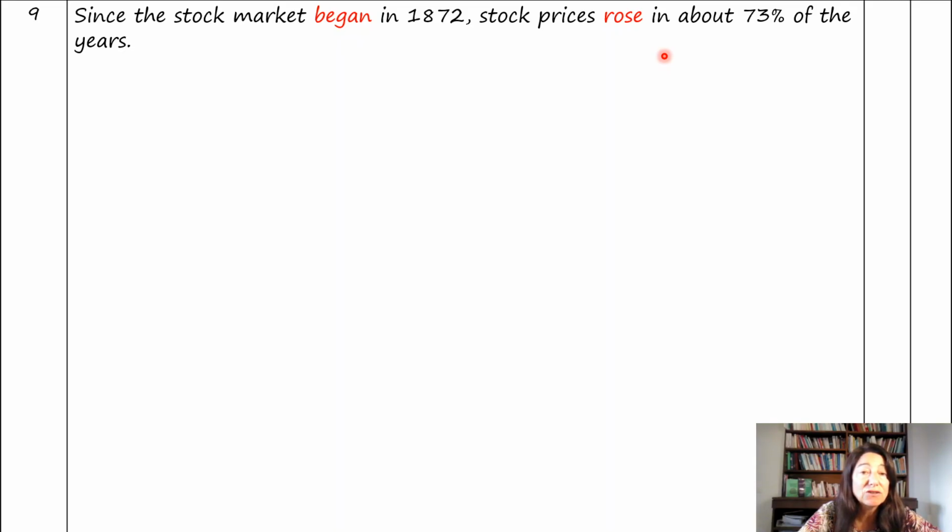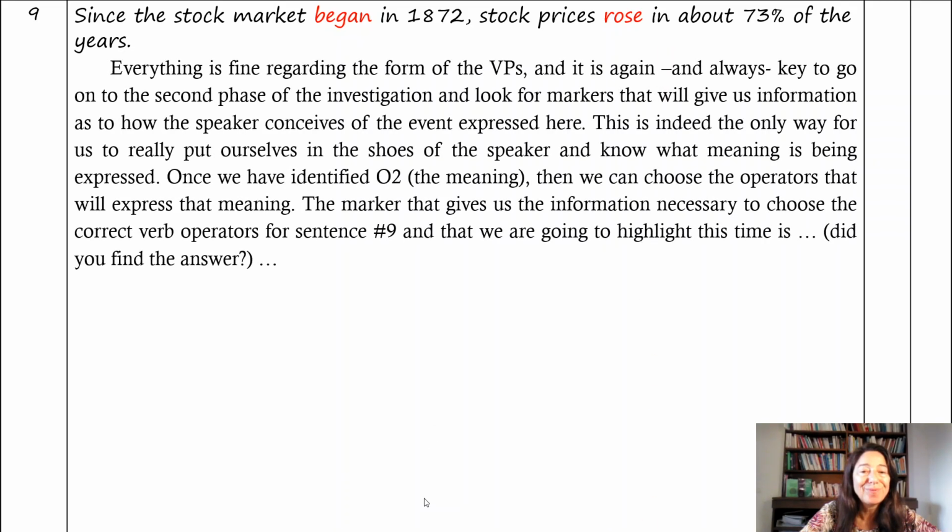Is that correct or not? Well, as far as the verb form itself is concerned, everything's fine. And then, is the past tense the right choice in this context? That's the second question, you remember? That's the most difficult one, really.